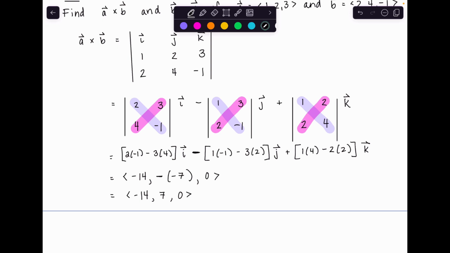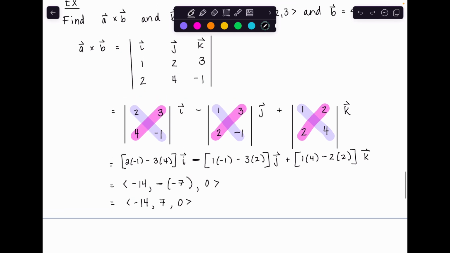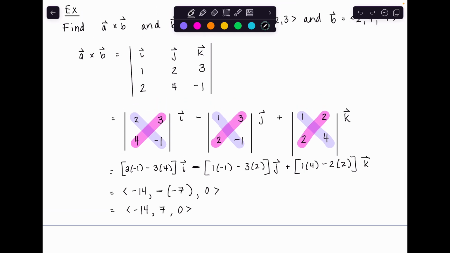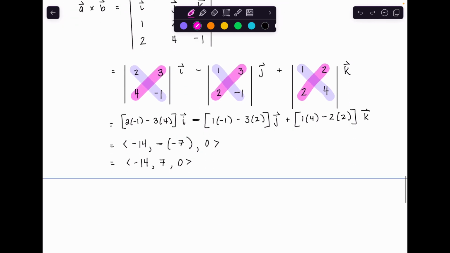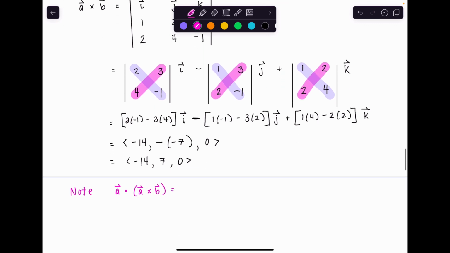And you can see if you go ahead and do the dot product with either A or B, you can see that it is going to result in 0, meaning they are orthogonal to each other. So I can quickly show you just with this as a note. If I do A dot product with A cross B, the vector A is 1, 2, 3.